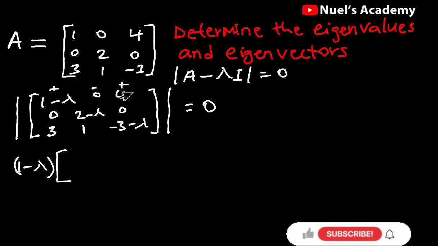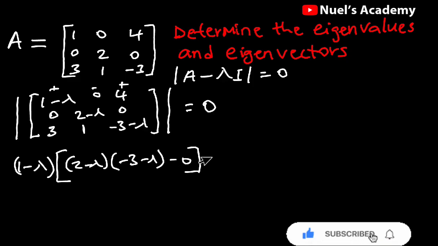We're going to be left with this 2 by 2 matrix. If you want to find the determinant of a 2 by 2 matrix, you multiply the leading diagonal, that is 2 minus lambda times minus 3 minus lambda, then minus 1 times 0. So we're going to have here 2 minus lambda multiplied by minus 3 minus lambda, then minus 1 times 0 is equal to 0. Then minus 0. Now 0 multiplied by anything is equal to 0. So we're going to ignore this 0.